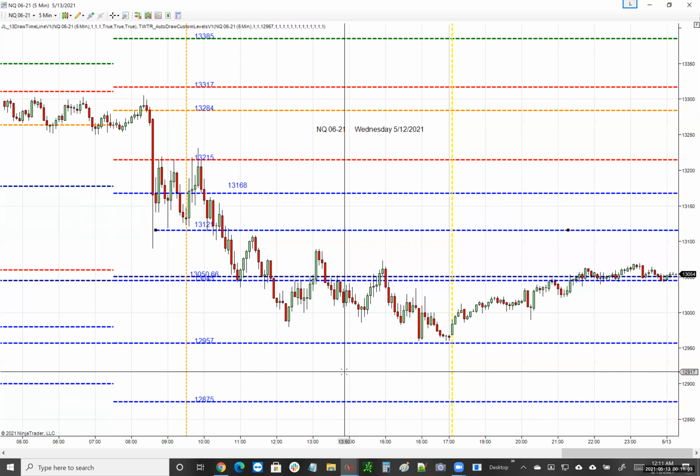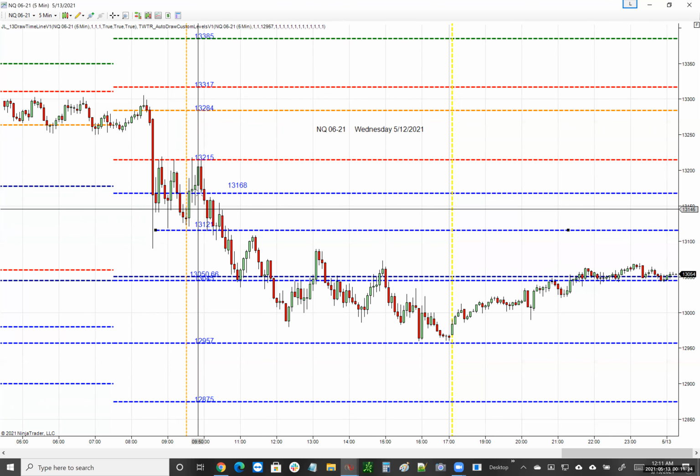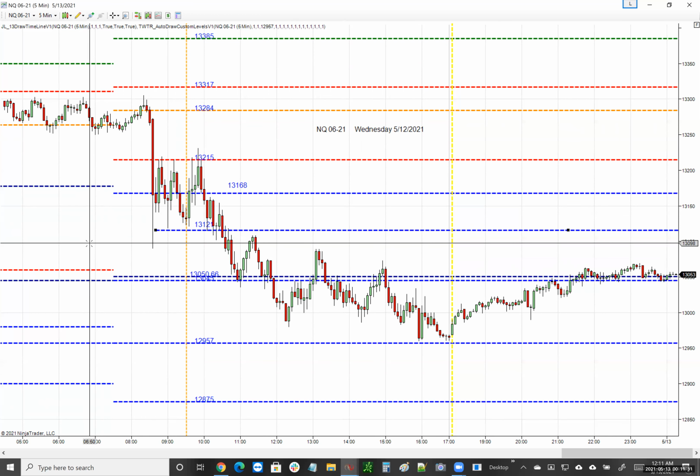Or another way of looking at it is that between two or three of these levels, if you let go of one or two and see where the price starts to stabilize, then if you add another one there, you can probably get out most often at around break-even. So these are some of the key principles of my levels.